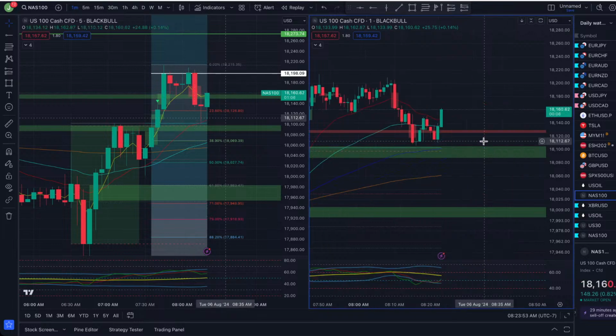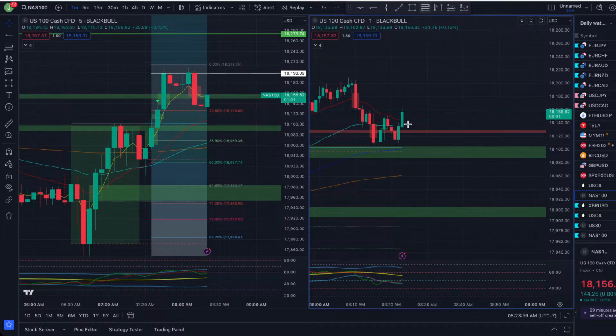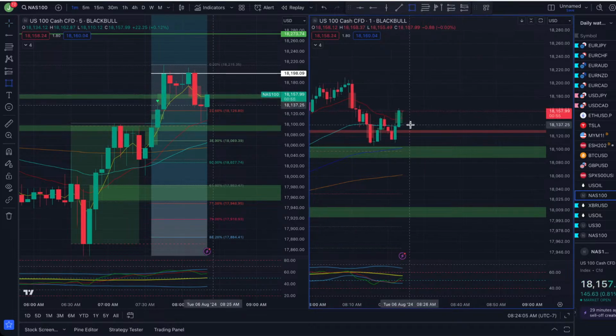This is our fair value gap, most likely, being created. 55 seconds left. We want this fair value gap to stick.